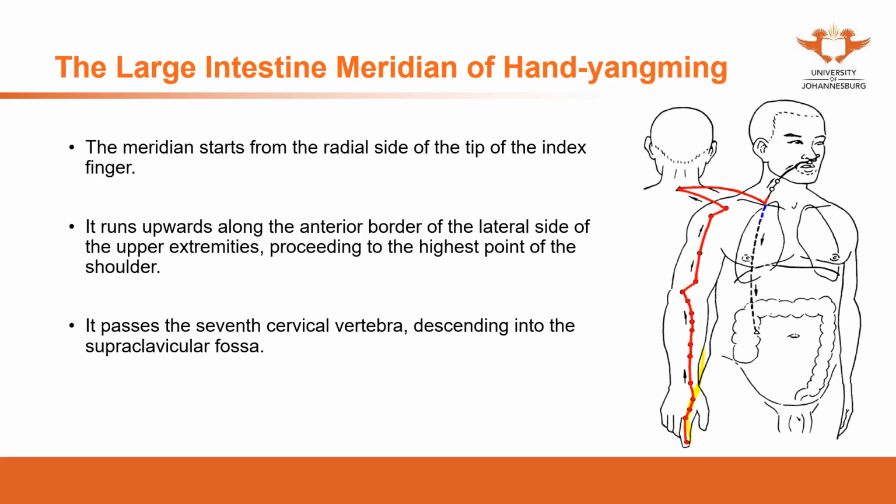The Luo connecting meridian creates a closer relationship between different organs and different meridians, especially for the paired meridians. So from the lung meridian it goes to the large intestine, and the lung organ and the large intestine organ are paired organs. The meridians are paired meridians.